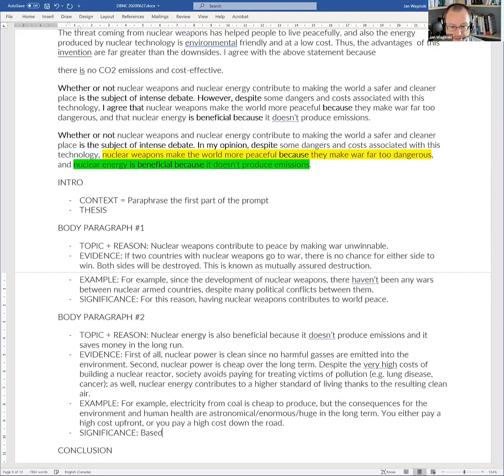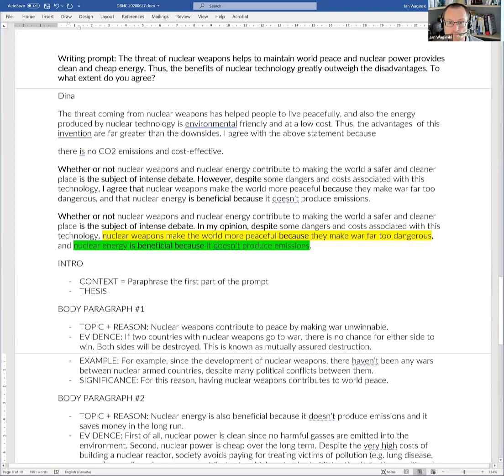Okay, so again, we want a significant statement based on these reasons. Nuclear power is, we want to look at our prompt again just to make sure this matches up. It's an advantage. Nuclear power provides clean and cheap energy.